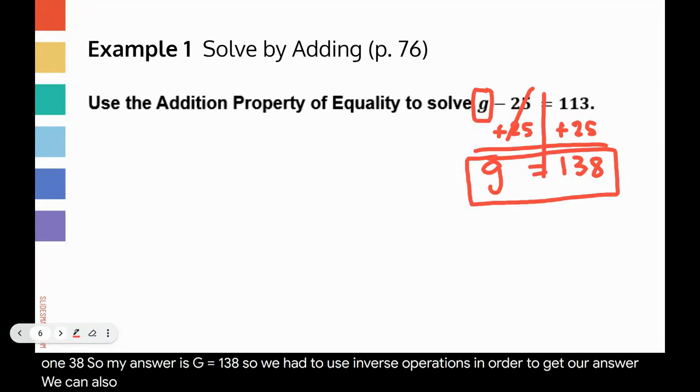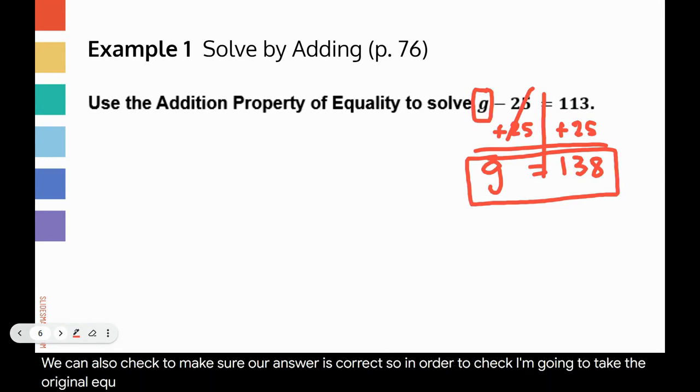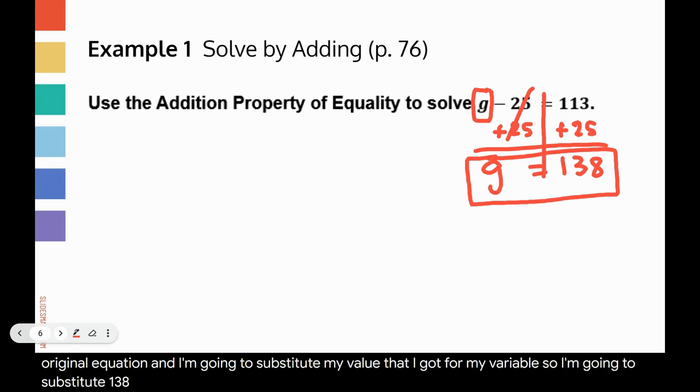Now we can also check to make sure our answer is correct. So in order to check, I'm going to take the original equation and I'm going to substitute my value that I got for my variable. So I'm going to substitute 138 in place of g. So this is my check, just to make sure my answer is right.